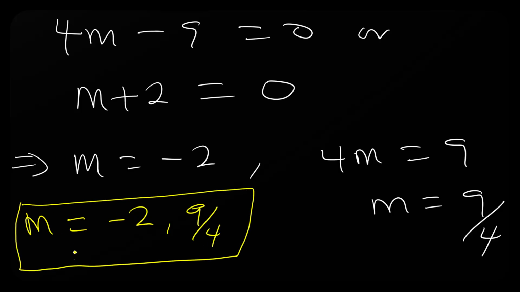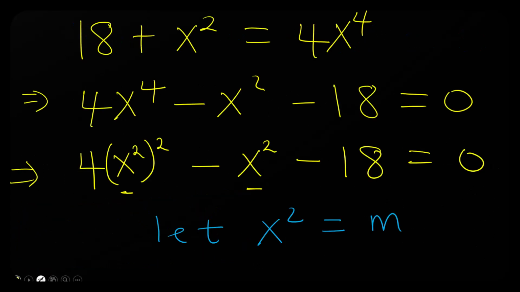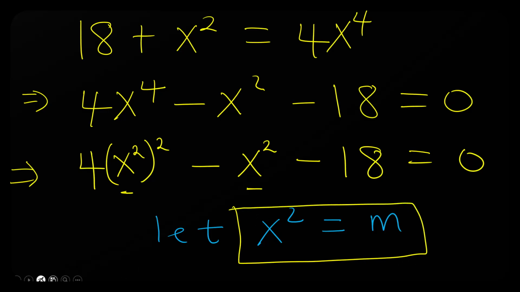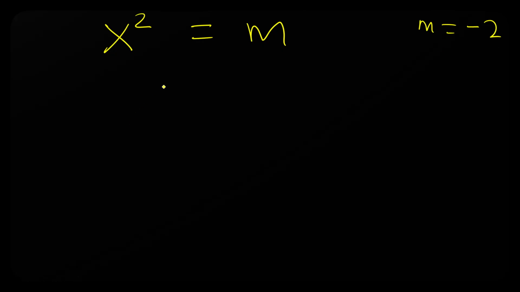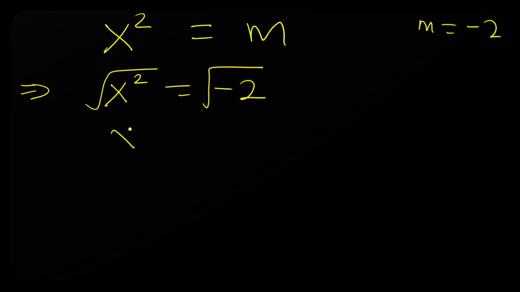That's not the end. Now let's recall, x squared equals m. So when m is minus 2, we have x squared equals minus 2. As we take the square root on both sides, x will be plus or minus the square root of minus 2. So this one is complex.